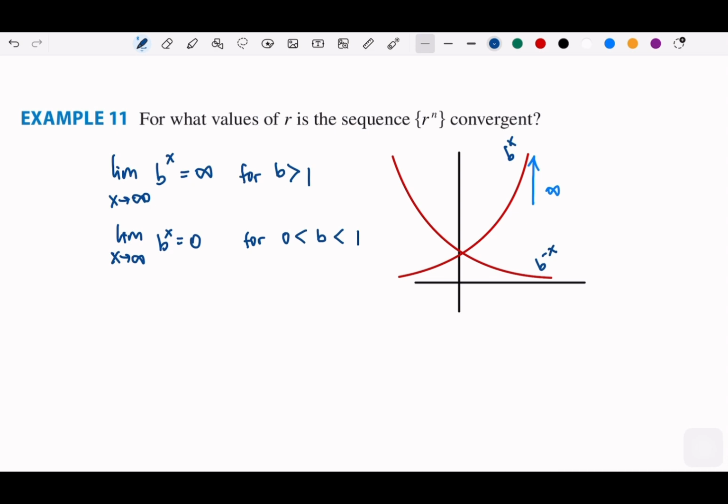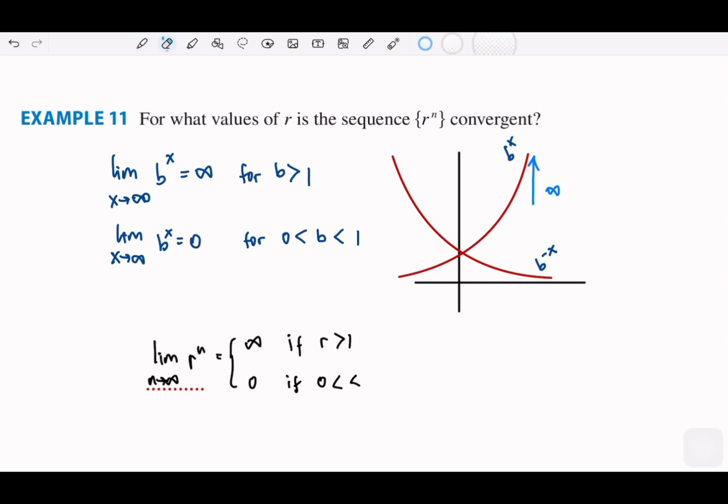So the same way we take for r. For the limit of this r, we can have two choices here. So r is greater than 1 and r is between 0 and 1.